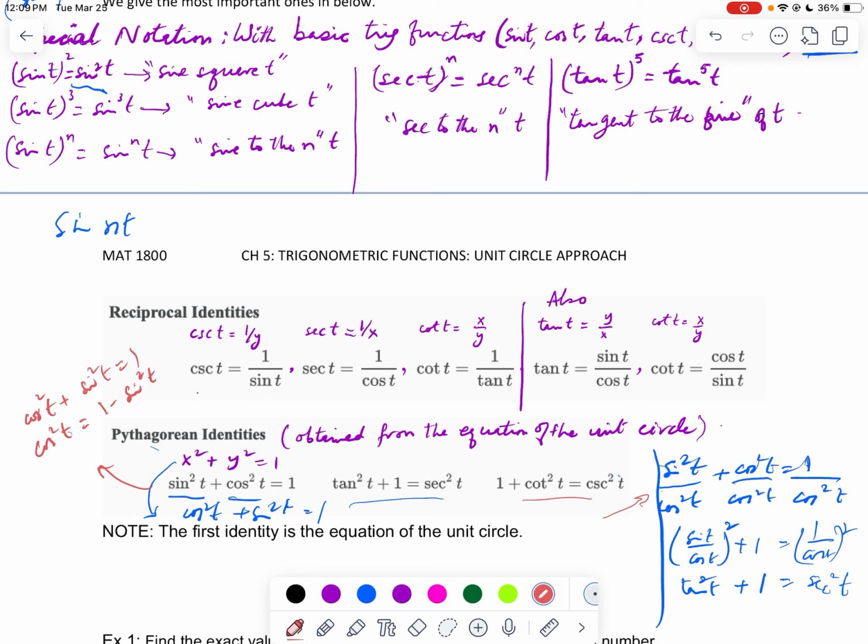You can write it like that. Or we can have sine square t is equal to 1 minus cosine square t. I hope you understand how to get these. So these are other forms of the same identity. In the same way, you can have other forms for the other two Pythagorean identities.